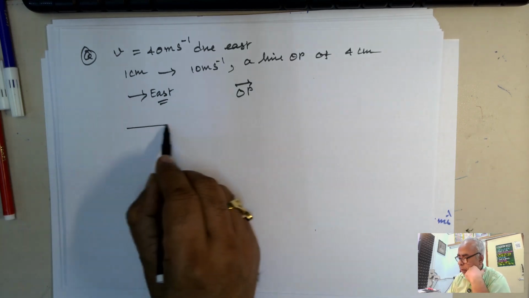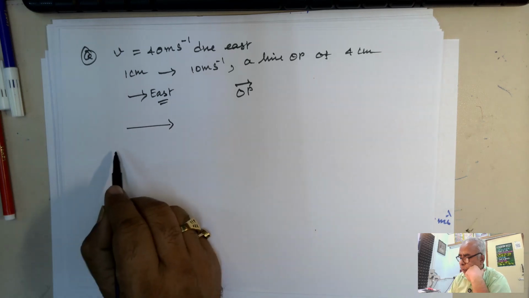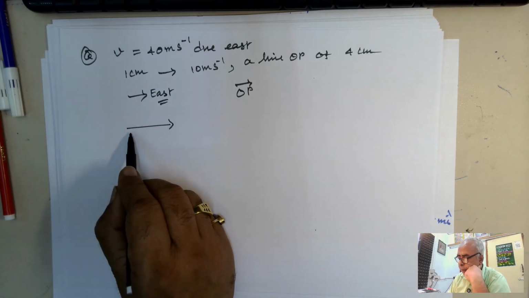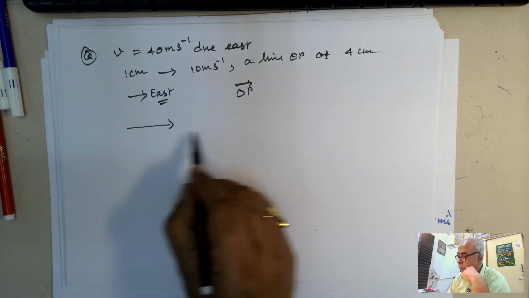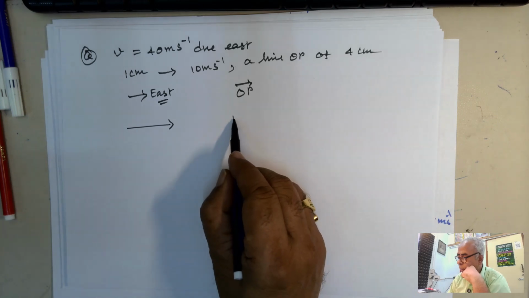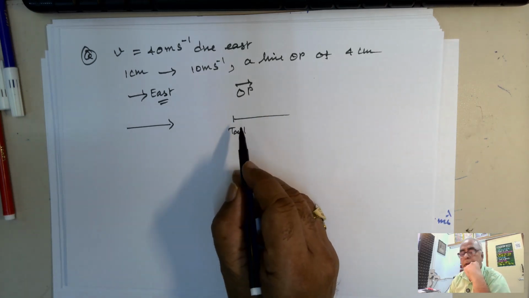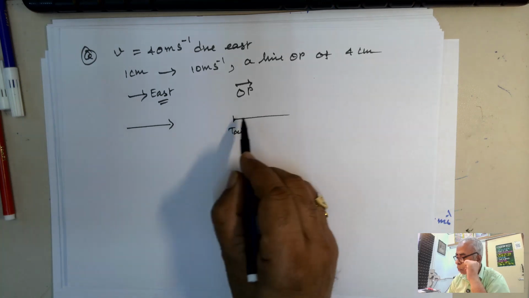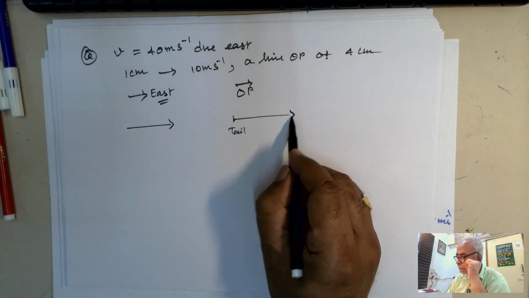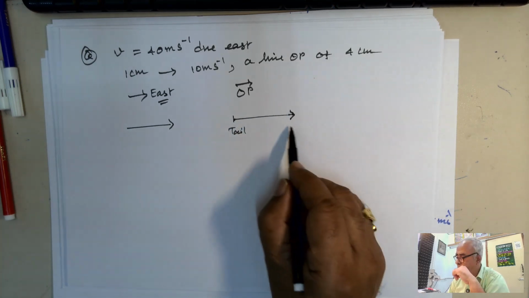We used to say this is the vector direction. Let me call it, for instance, this is the tail portion of the vector, and the object is moving from O to P. This is the head.